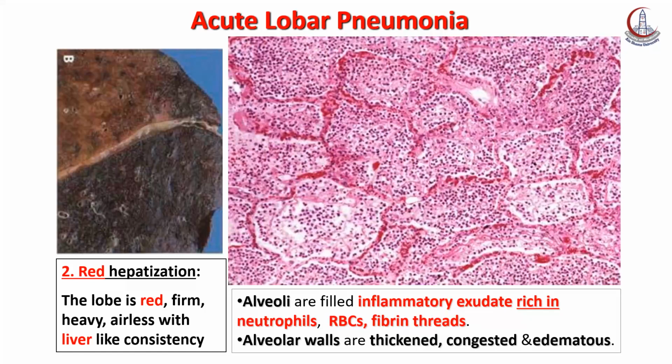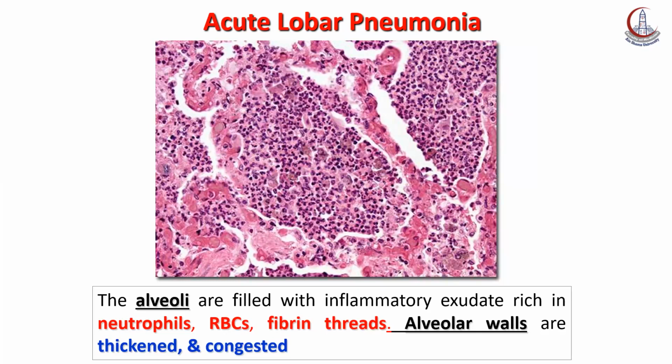Under the microscope, alveoli are filled with inflammatory exudate rich in neutrophils, red cells and fibrin threads, with alveolar walls thickened, congested, and edematous.